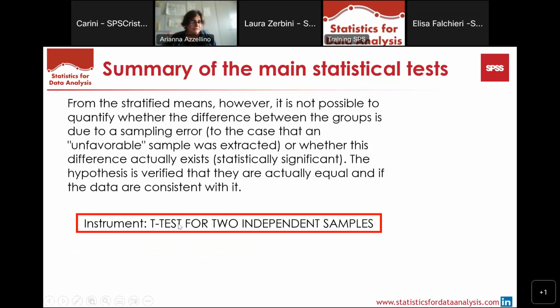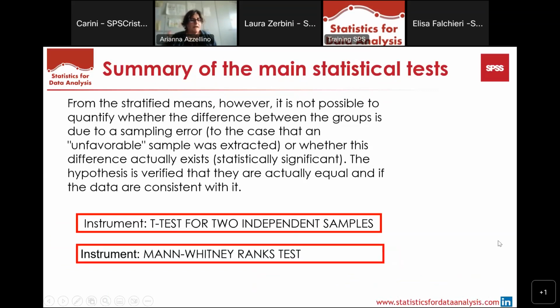And the first test I will consider is the parametric t-test. That is the main pathway when people want to compare two sample means following the parametric approach. The corresponding non-parametric test is the so-called Mann-Whitney rank test.